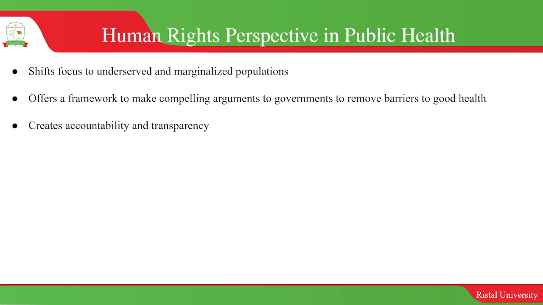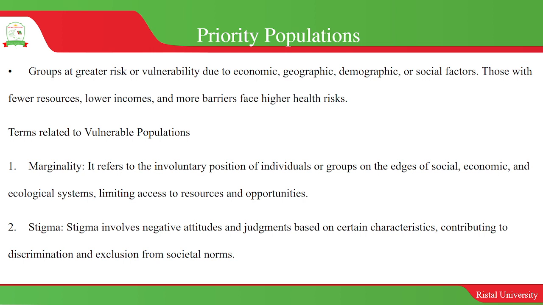So if we use the human rights perspective in public health, we are making sure that even underserved, marginalized populations can still get the same level of health that they actually need.